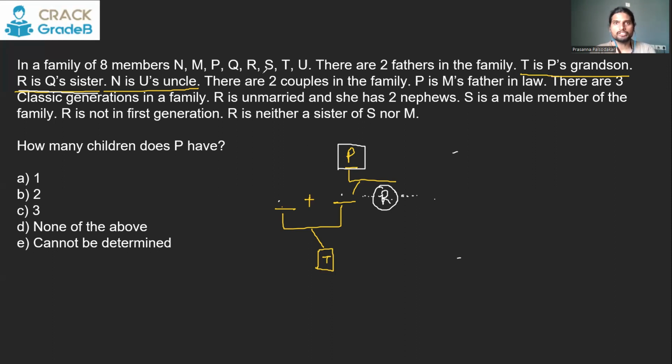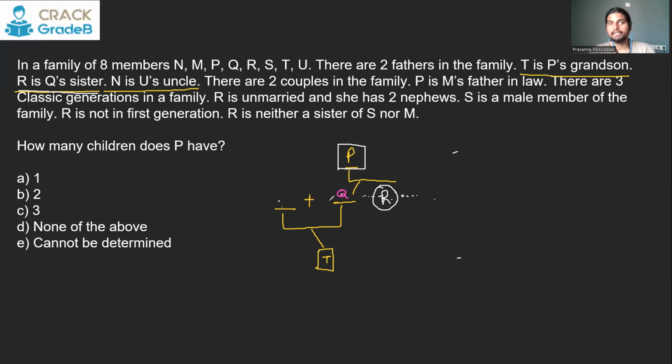Now if you want to try N is U's uncle, so if we say one of these persons, and R is Q's sister, let's go for hit and trial then. Whatever I'm writing in pink is going to be hit and trial, so we can rub this out if it comes out to be wrong. So R is Q's sister. Let's say Q is this person.